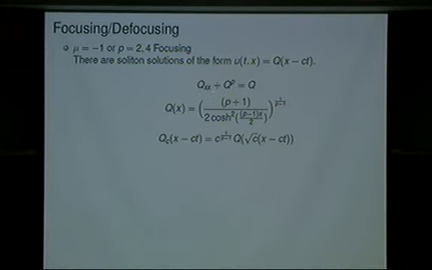Then in the 1D case, we have an explicit formula for the ODE. And by the scaling symmetry, we can find the traveling soliton solution for arbitrary speed c.